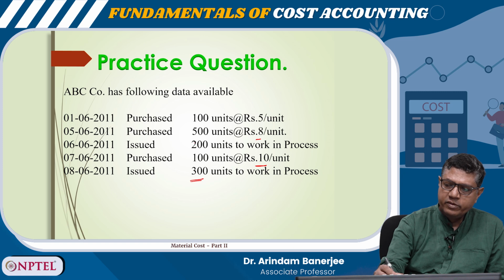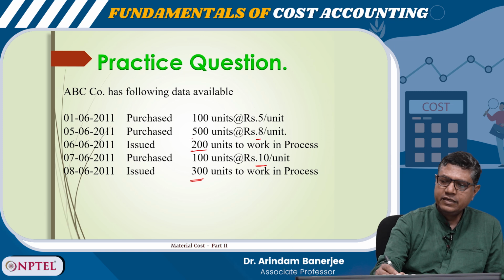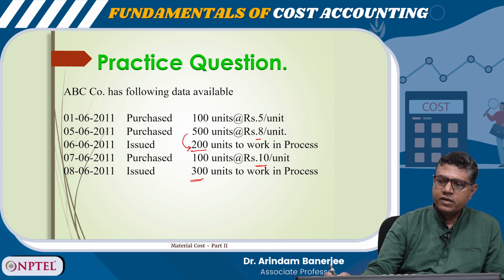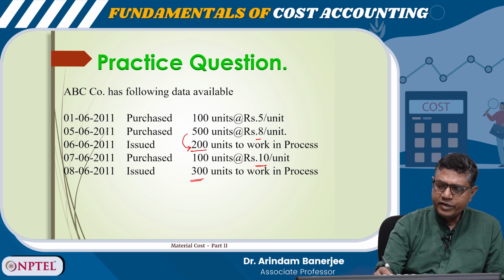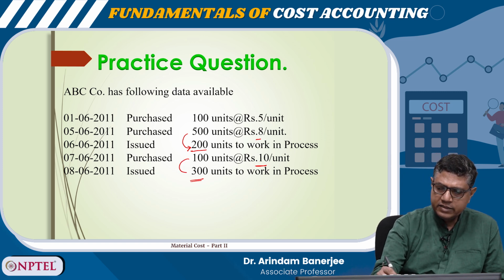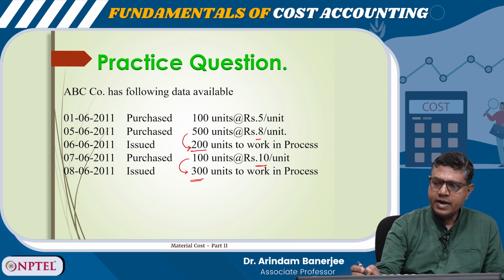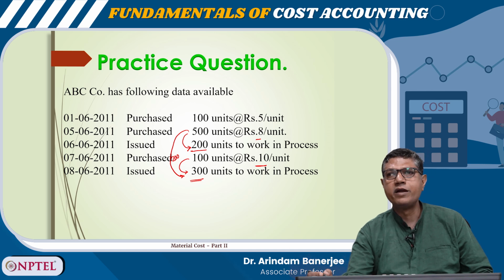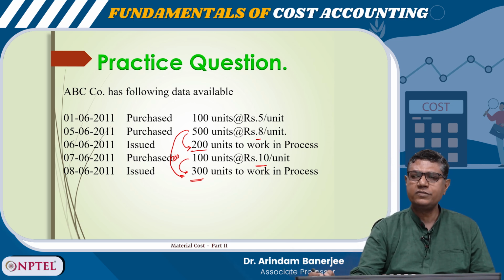When this 200 will be issued, it will be assumed that it is issued from here, the latest purchase. Similarly, when this 300 units will be issued, it will be assumed that 100 units are issued from here, and the rest 200 units are issued from here.